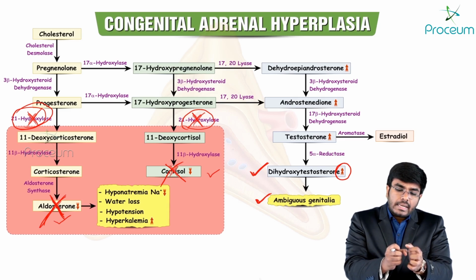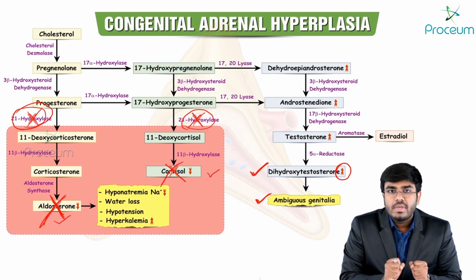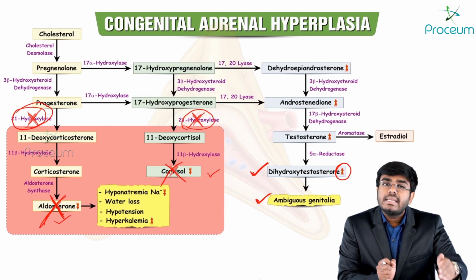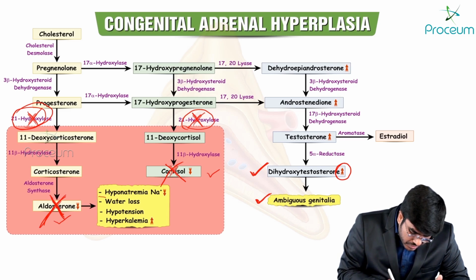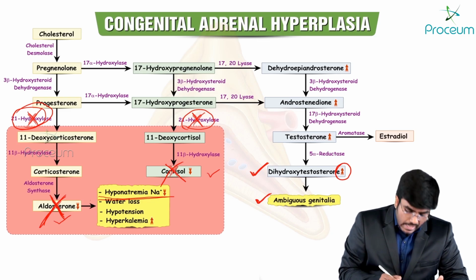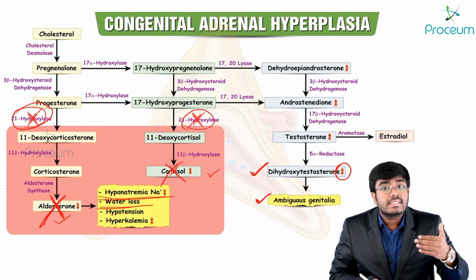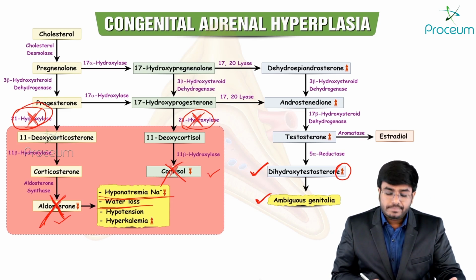It helps in reabsorbing the sodium and the water. Whenever there is no aldosterone, salt is lost in the urine. So there is hyponatremia, salt is lost, and even water is lost. Salt and water wasting is seen because of the loss of aldosterone.